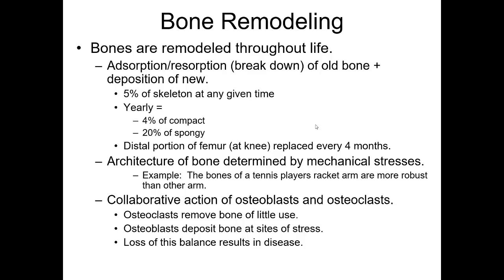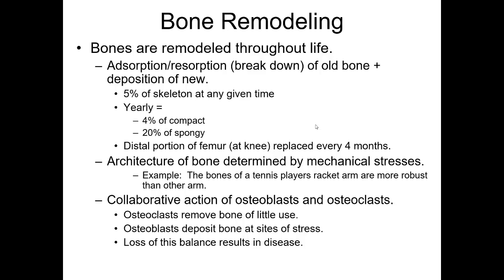The distal portion, or the portion towards the knee, is replaced every 4 months because it's subjected to that much mechanical stress. Now remember, the cells that remove or eat up old bone are called osteoclasts. The cells that put down or build bone are called osteoblasts. Now when this balance goes out of whack, this results in disease.